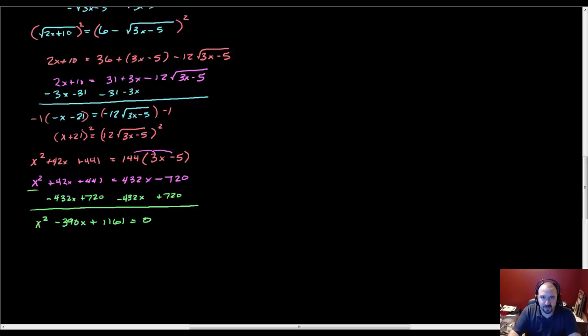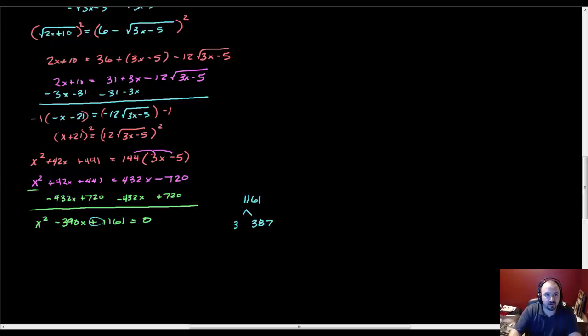If I divide 1200 by 3, I get something close to 400, which is close to this. So, in fact, 1161 breaks down into 3 and 387. And if I add them, then I do get 390.